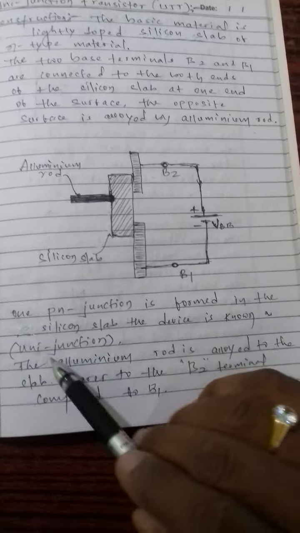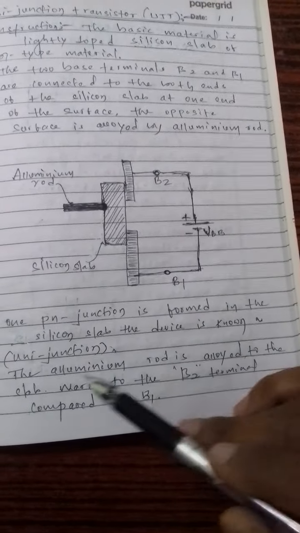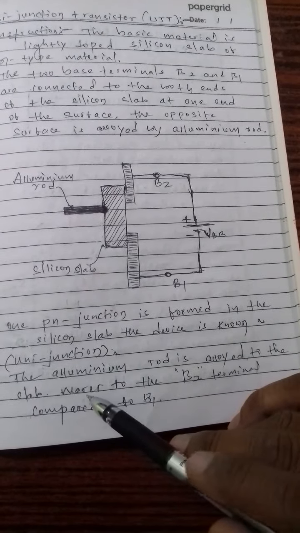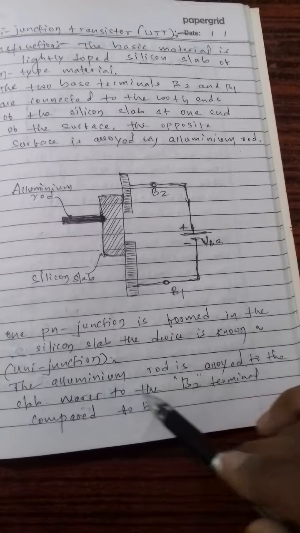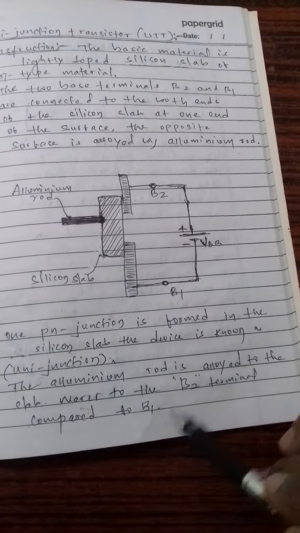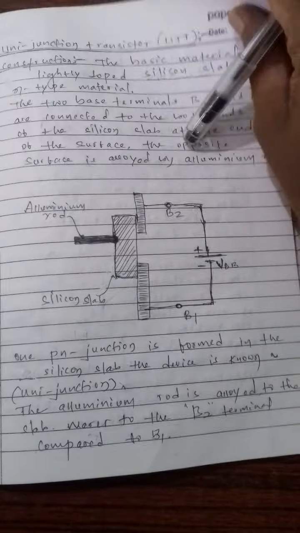The device is known as a unijunction transistor. The aluminum rod is alloyed to the slab nearer to the B2 terminal compared to the B1 terminal.